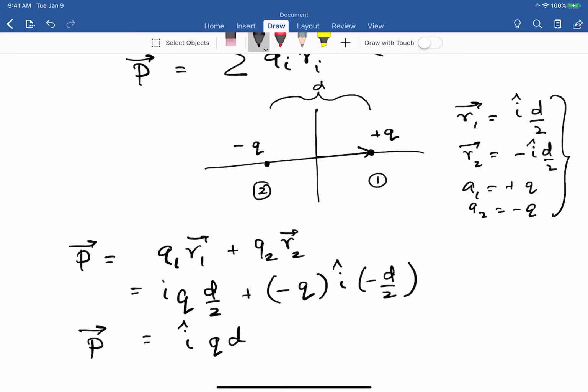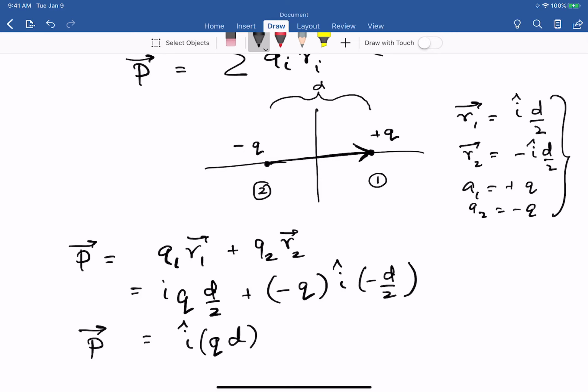So what is i hat times d? I hat times d is a vector which goes from the negative charge to the positive charge, right? So you can see that you get the dipole moment for two charges.